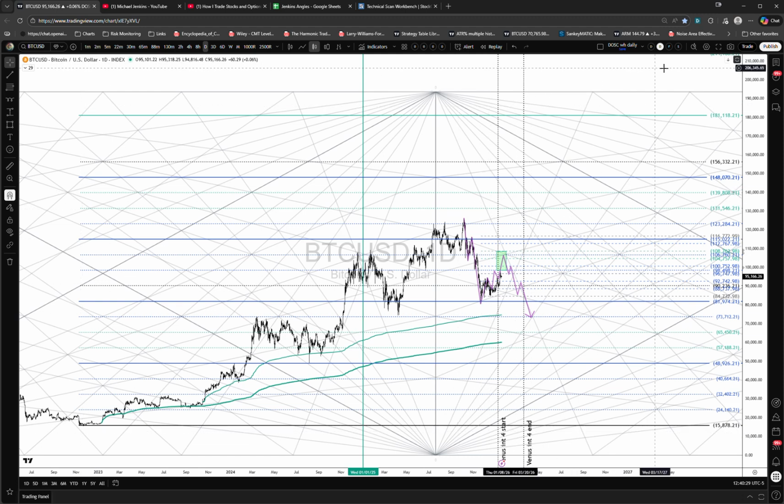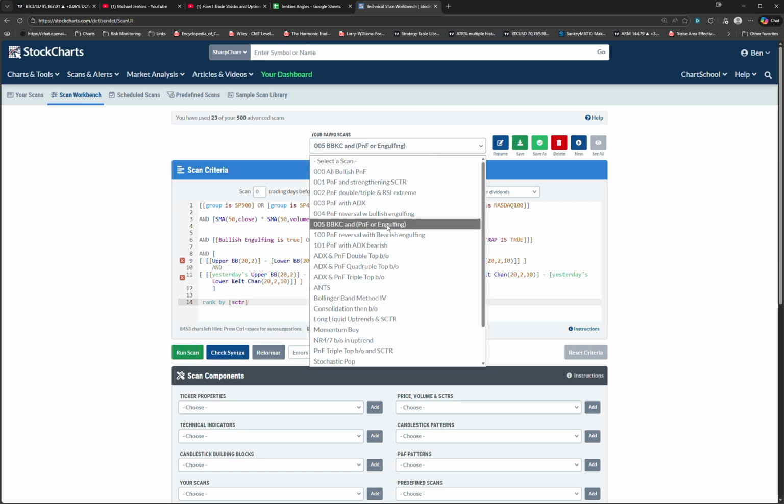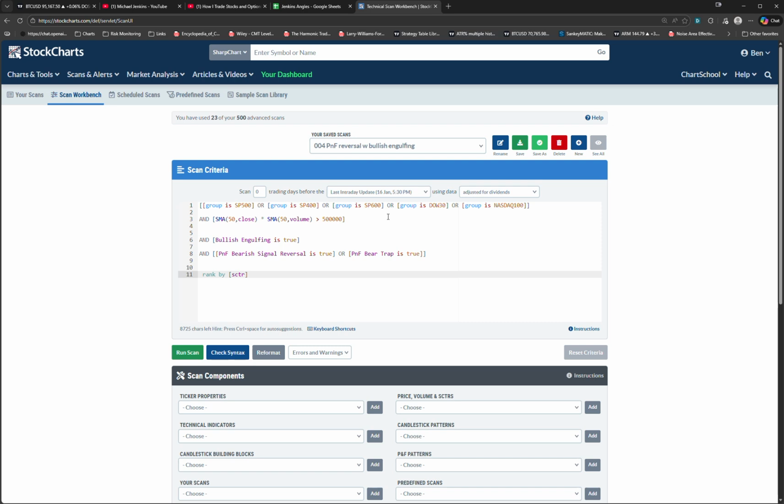Why don't we try a quick example with one that I haven't charted. I'm going to see if anything comes up on these today. So I'm using an advanced scan for conditions where we've got a point and figure reversal and a bullish engulfing candle, and enough volume for there to be strong liquidity.